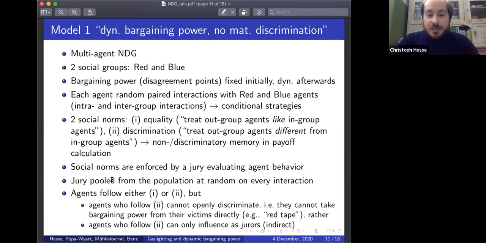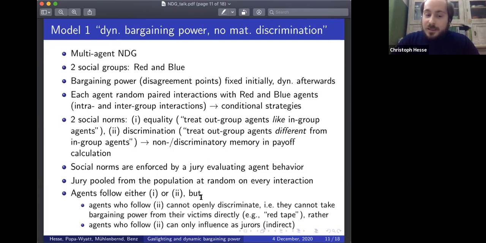What else is important? Yeah, so the jury is pooled from the population at random, obviously. And the important thing is in this one, it has the machinery to allow for discrimination point updates. So to transfer bargaining power, to give bargaining power by rewarding agents for their actions, or to take bargaining power from them, thereby punishing them for their behavior. But the only way to do this is through the jury. So the jury looks at every interaction between red agents and blue agents, and then decides whether to reward the interaction or to punish the interaction.